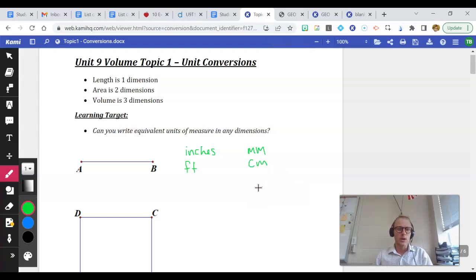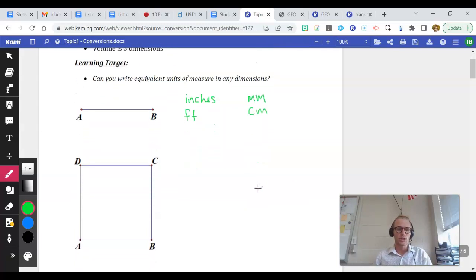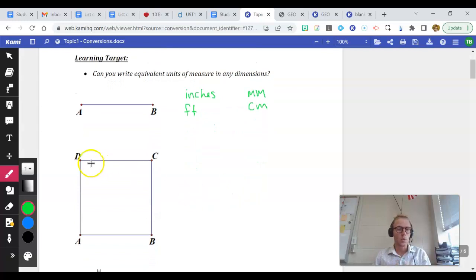Okay, now if we add another dimension to this, so we have our one segment and now we go in another direction. That is two-dimensional. It has a length and a width. That is 2 dimensions. And we know 2 dimensions as area, or the amount of flat space that something takes up.